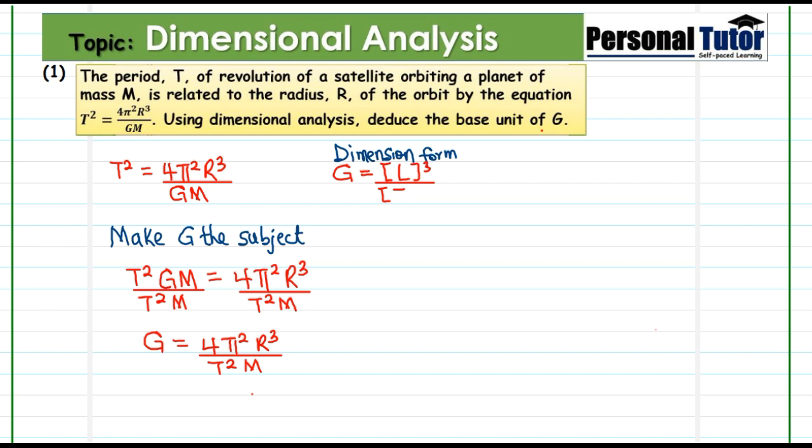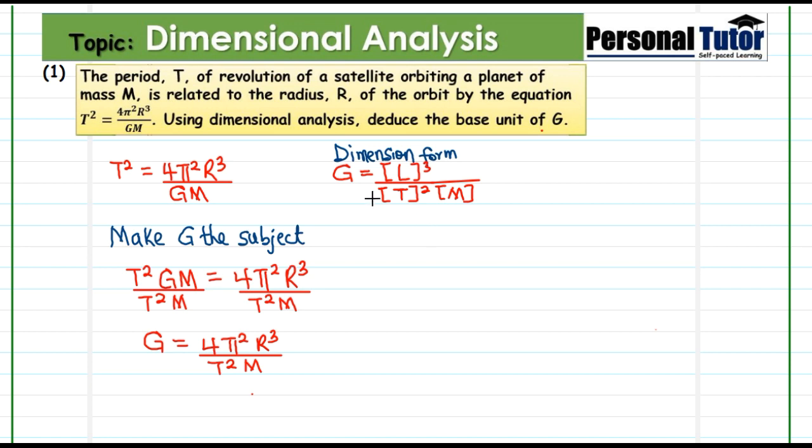And so the dimensional symbol is also a T and it is squared, times the M. This M is the mass and that is also a capital M. So basically, this is how the G has been converted to its dimensional form.